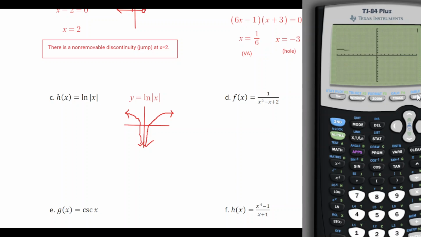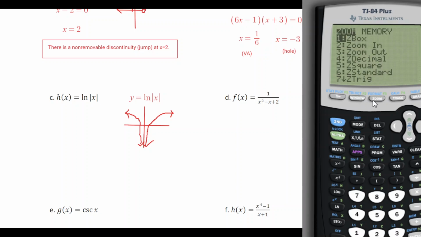Now you can look at the graph and see that it looks kind of like what I've drawn. You do run the risk, when you just look at this without really thinking about what it is, that it looks like these come together to a point, but that is not what's happening. If we zoom in a little bit, maybe we can see that these are not actually intersecting each other, but instead are approaching this vertical asymptote at x equals 0.